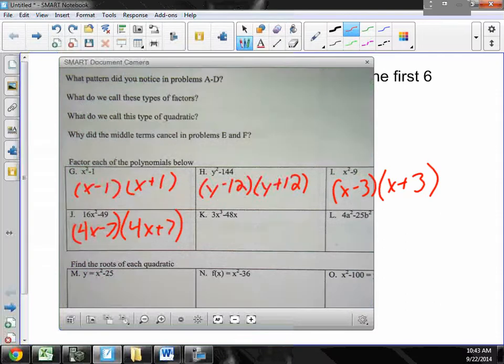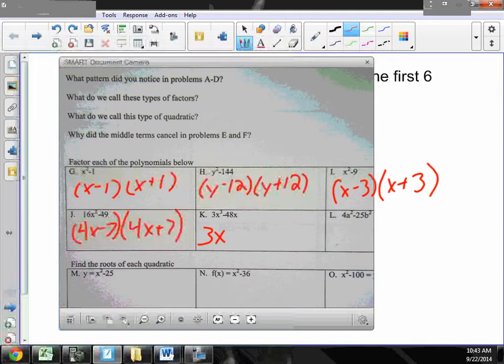What about K? Is 3 a perfect square? No. Is 48 a perfect square? No. So can I factor this? How, Kenny? They both have a 3. So I'm going to pull out a 3x, in fact. Do you see how 3 goes into both of them and x goes into both of them?